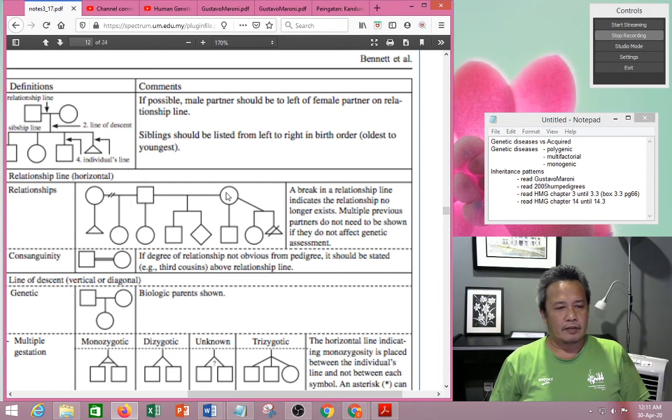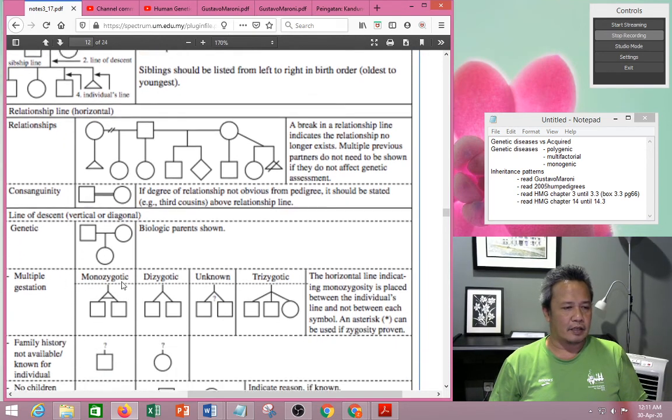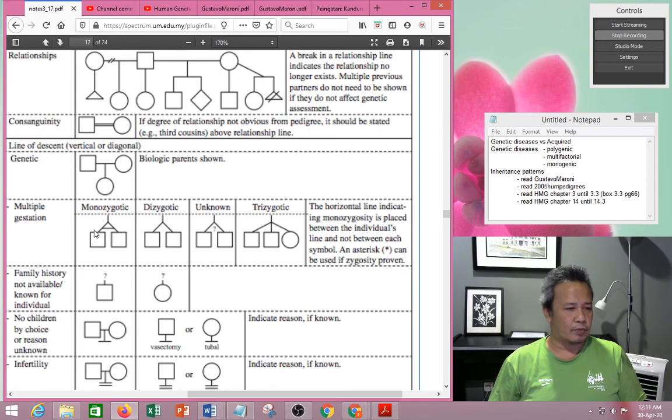This may have had a previous partner with two children, but with this guy has got these children. With this marriage they have these children, but on her own she has a different relationship with different people, and they may have a different child. Consanguineous, biologic parents shown, monozygotic.